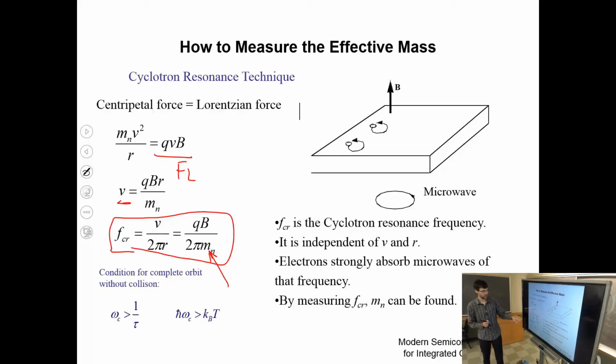If the material has a very short scattering time, then carriers cannot complete the cyclotron orbit during the scattering time, and so this experiment does not work. So scattering time has to be long enough for the electrons to complete the trajectory. And so this results in this condition for the cyclotron frequency to be larger than 1 over the scattering time. Scattering time is the time between scattering events of electrons with the lattice or defects and so on. Okay, so this is how you can measure it.